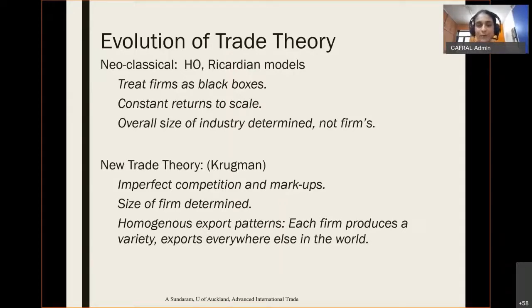Productivity is a different thing. With the Krugman model, it's almost like saying, look, everything is the same. All that is different is some firms are making black and some firms are making red, and consumers like that variety. That's all it's trying to say. We don't want to get into the productivity differentials, which we will with the next model. In fact, that's the whole point of the Melitz model.